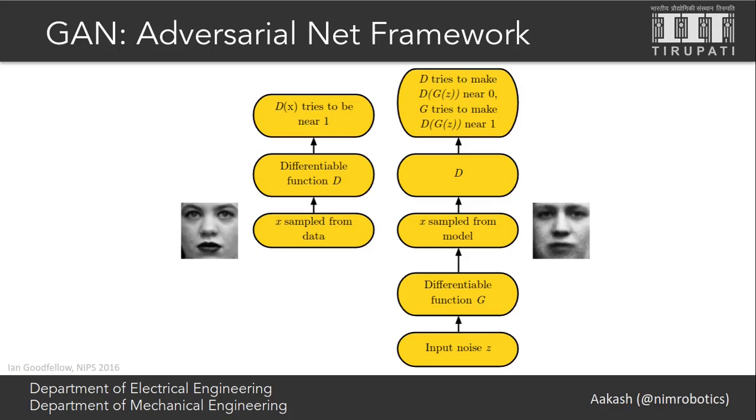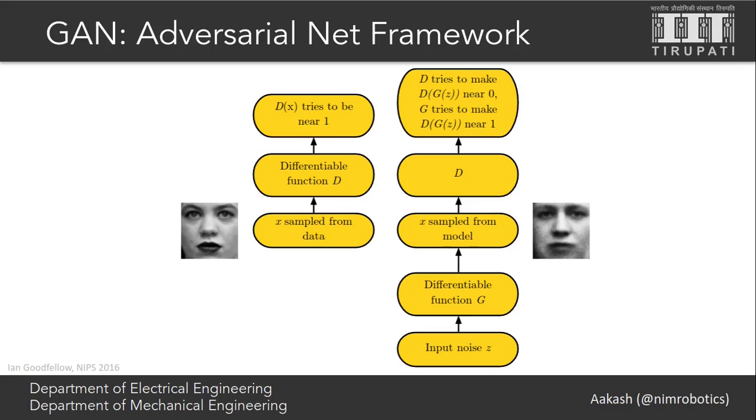On the left side we take sample X from the data, and the discriminator takes this sample X, and D of X tries to be near 1 for the real data. On the right-hand side we take a noise vector Z, that is our latent variable, and we map this latent Z to X via a differentiable function G, that is X equals G of Z, and then we pass it to the discriminator.